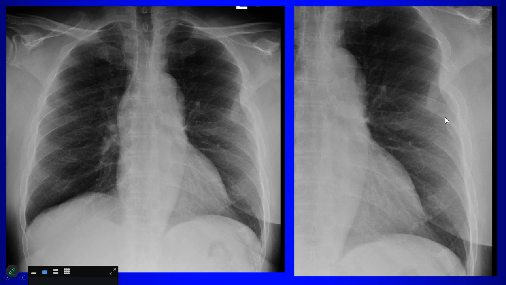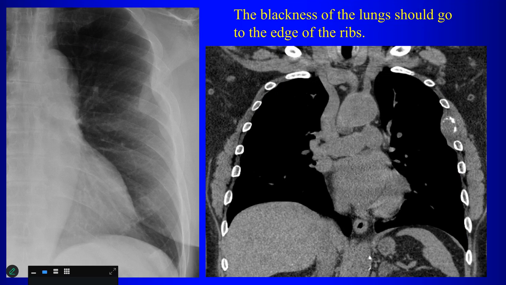Now you look carefully and you'll notice that that rib is missing. It's destroyed. In this case it was actually multiple myeloma, but it could easily be metastatic disease, could be a tumor growing into the rib. There's something there in the chest wall. The blackness of the lungs should go to the edge of the ribs. Remember that when you're reading your chest x-rays.